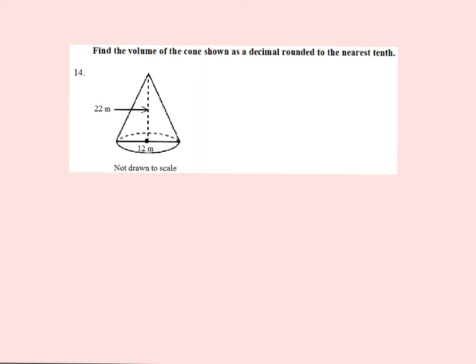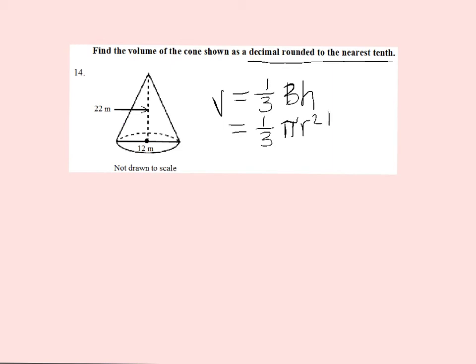Number 14 says, find the volume of the cone shown as a decimal rounded to the nearest tenth. Alright, volume for a cone is 1/3 base times height. So plugging in what we know, our base here is a circle, so area of a circle is pi r squared, and then we have the height at the end. So we have 1/3 times pi.